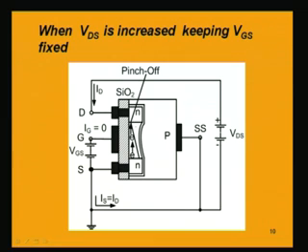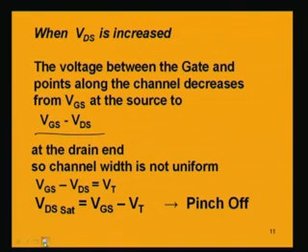So, when the channel width is just a point only, it is reducing and reducing as we go on increasing the VDS, because increasing VDS will have an effect that this whole VGS minus VDS will be reducing, that is nothing but VGD, the gate to drain voltage.